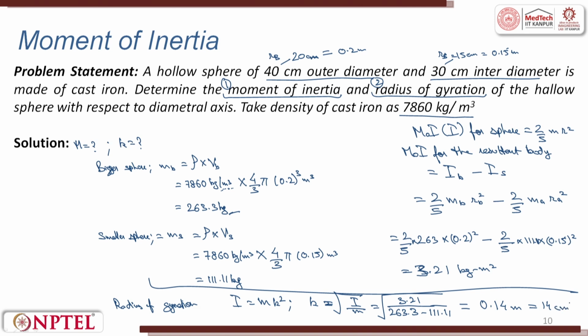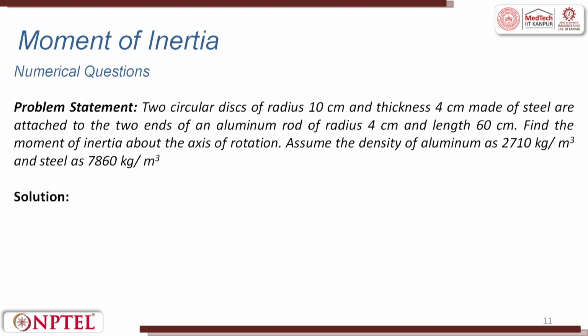So, this was one problem to calculate the moment of inertia and the radius of gyration. There is another problem statement where two circular discs of radius 10 centimeter and thickness 4 centimeter are made of steel.